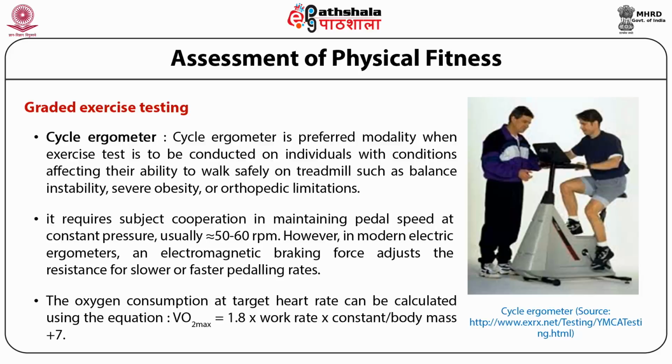In the equation, the work rate is given as the revolutions per minute multiplied by the resistance. The constant represents the distance traveled for each pedal revolution if it were able to roll freely.